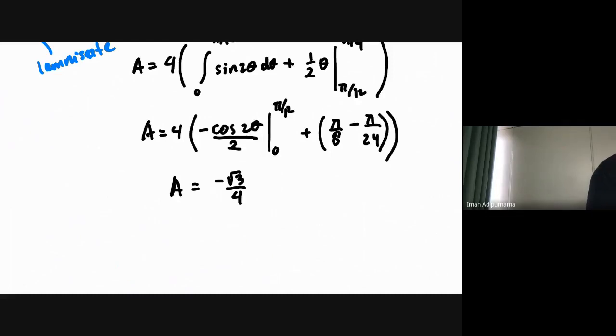Or let me just multiply by 4, it becomes negative, and then minus, plus, half, right? And multiply by 4 is 2.